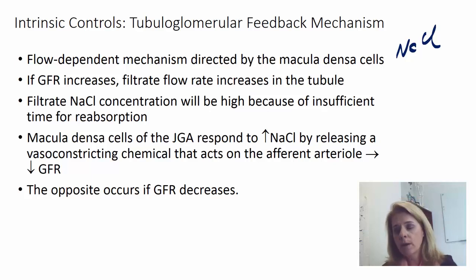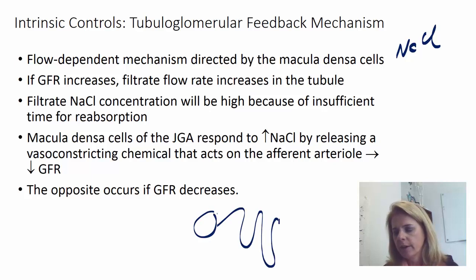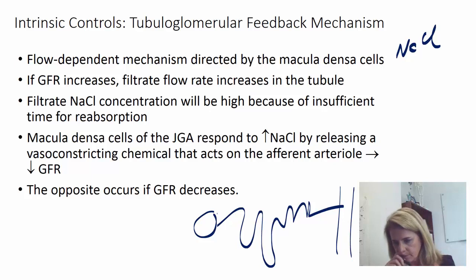So they're going to change filtration rate in order to adjust the amount of sodium chloride that they're sensing at that level. Because remember, if you go back and look at your nephron, let's draw the little nephron again. Here's your loop of Henle and distal convoluted tubule, and then going down to the collecting duct. You really have one more chance as this filtrate is passing through the distal convoluted tubule and then out to the collecting duct. Based on aldosterone, ADH, and all those hormones, if you need to change how much water is being released, you can either resorb more water or get rid of more water.